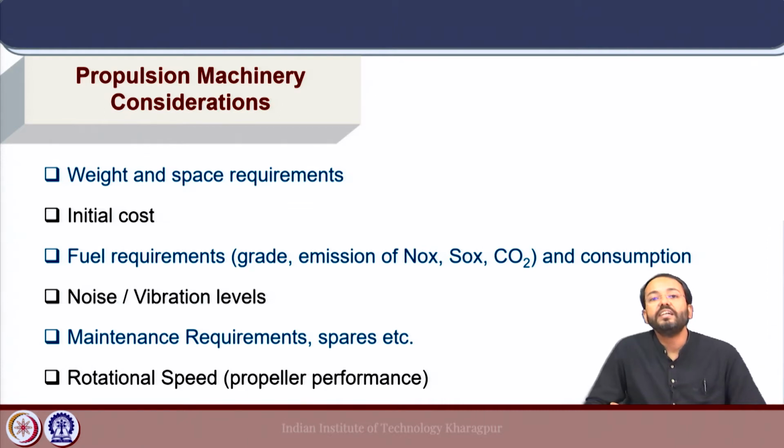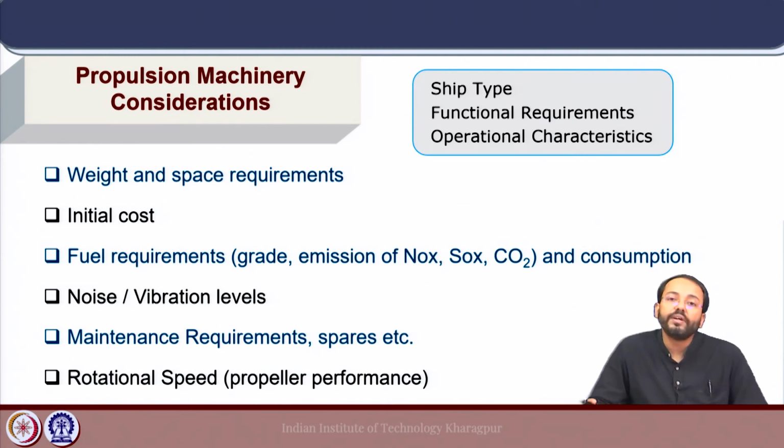And finally, the propeller performance, with which the engine needs to be matched, the rotational speed of the propeller with respect to the engine capacity, will be important to design or choose the machinery with respect to a specific ship type.